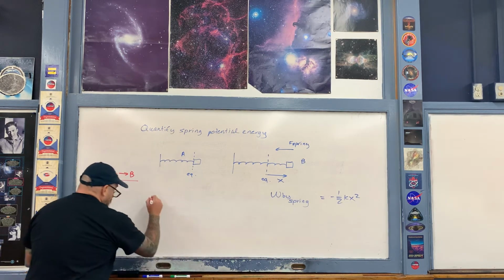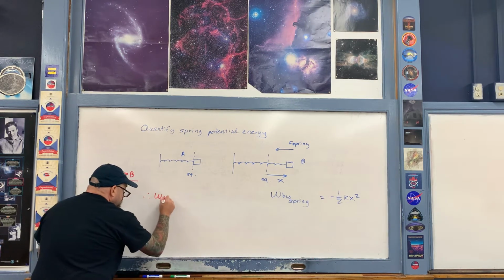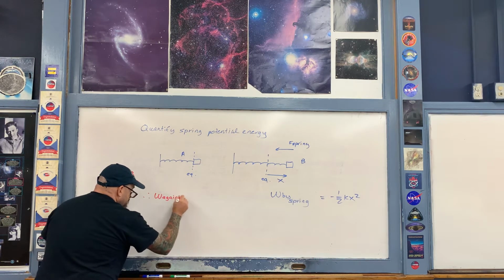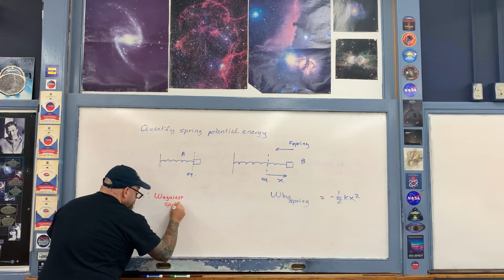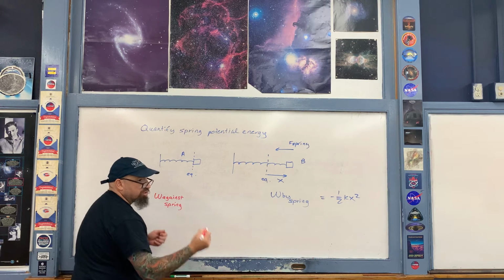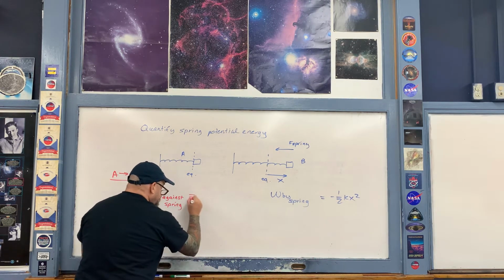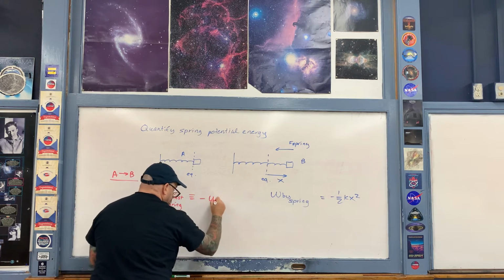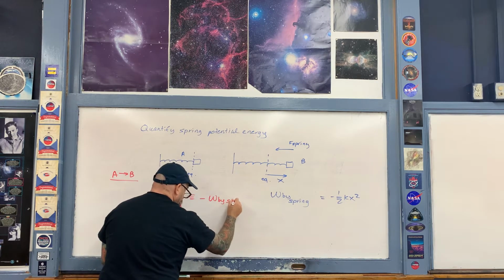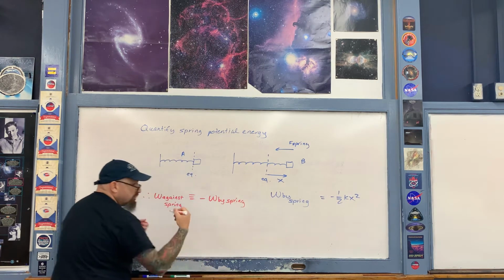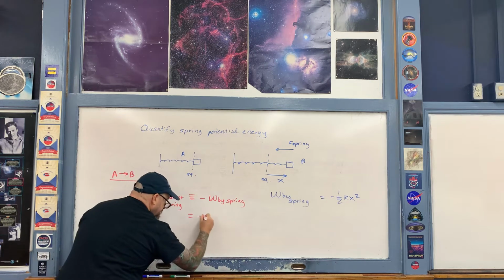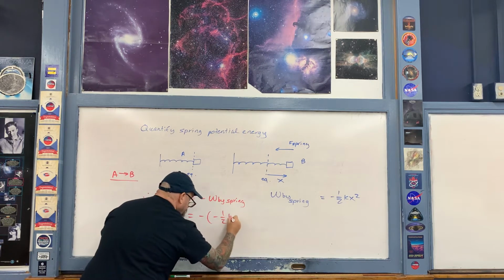Okay, now, therefore, the work done against the spring force when stretching out the spring, this is the minimum energy necessary to stretch out the spring, in other words, overcome the spring force, by definition, is the opposite of the work done by the spring force. So showing all of the negative signs, it's the negative of negative 1/2 kx squared.